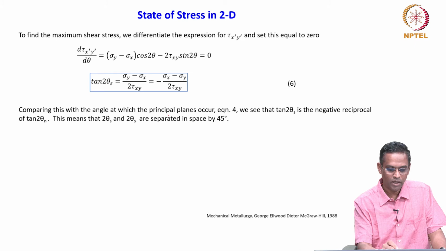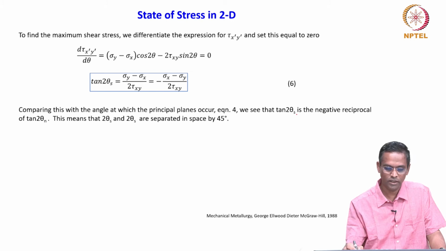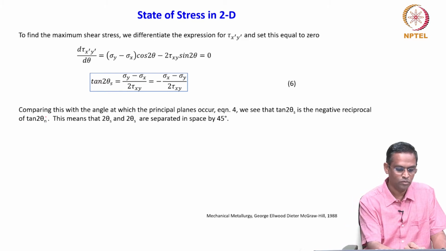Comparing this with the angle at which the principal planes occur, that is equation 4, we see that tan 2 theta s, representing the maximum shear, is the negative reciprocal of tan 2 theta n for the normal stress.